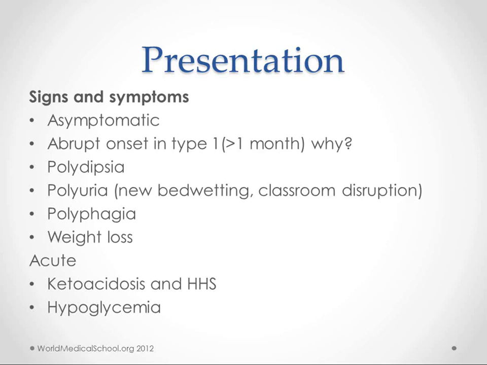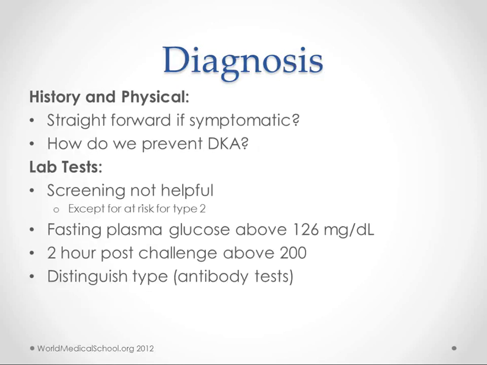And hypoglycemia is only an acute presentation of treated diabetes. It is an effect of our insulin, the exogenous insulin that we're giving. Okay, we're going to move on now.